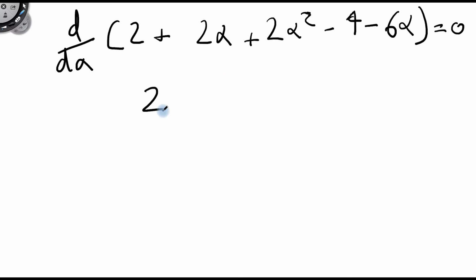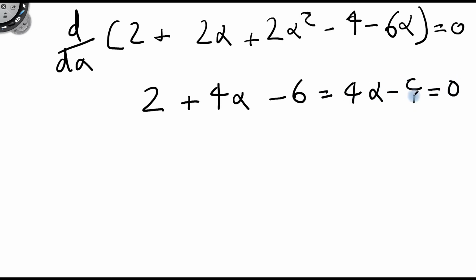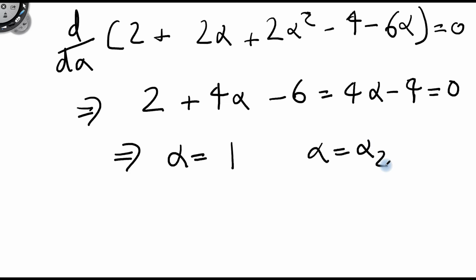So we then have 2 plus 4 alpha minus 6. And then obviously the 2 and the 6 cancel, which equals 4 alpha minus 4 equals 0. So that implies alpha equals 1. And alpha equals alpha 2. It's just a relabeling of that.